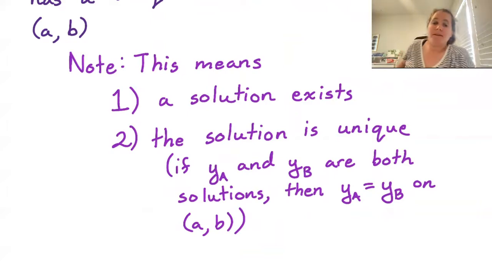So this is why it's called the existence and uniqueness theorem, because that theorem gives us both of these.